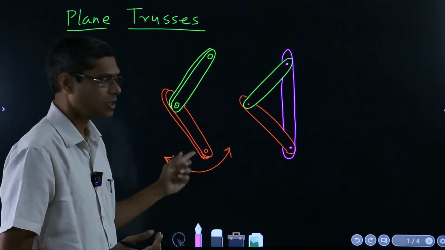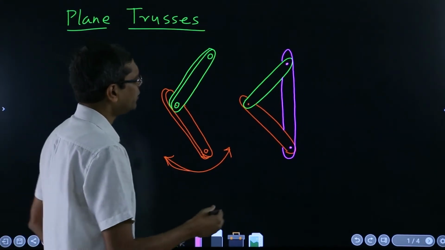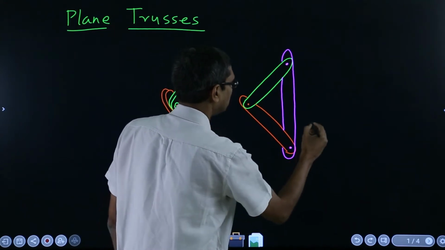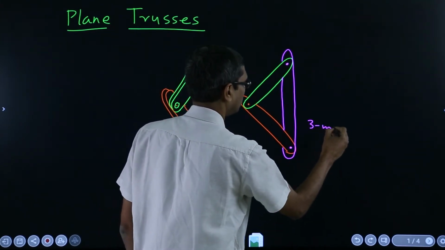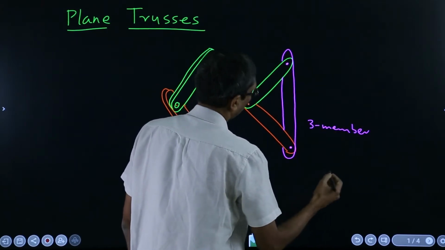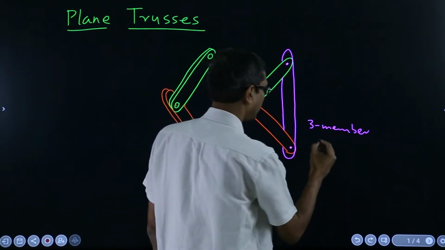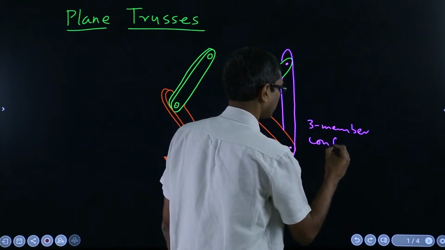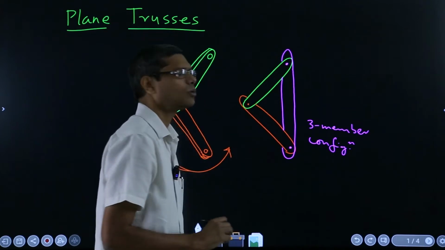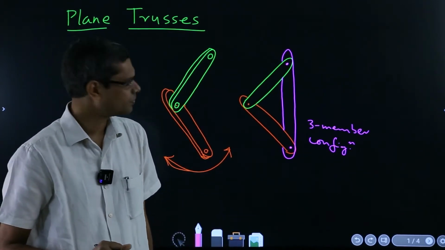Now they become a structure, in fact. So whenever you have a 3 member configuration like this, it becomes a structure.